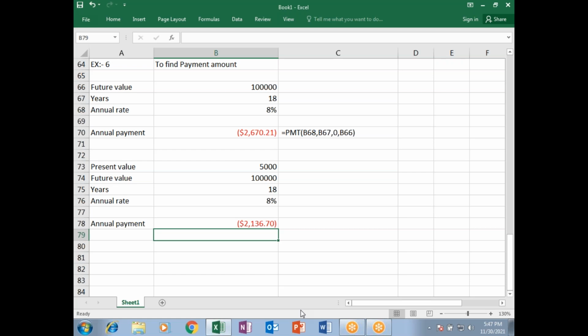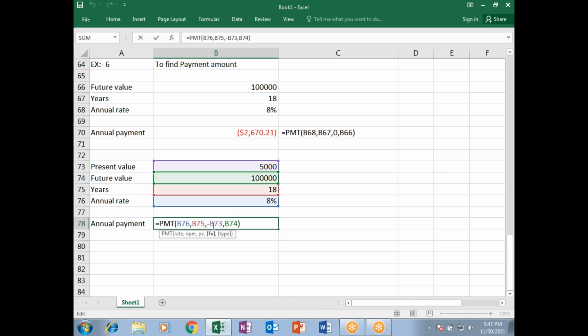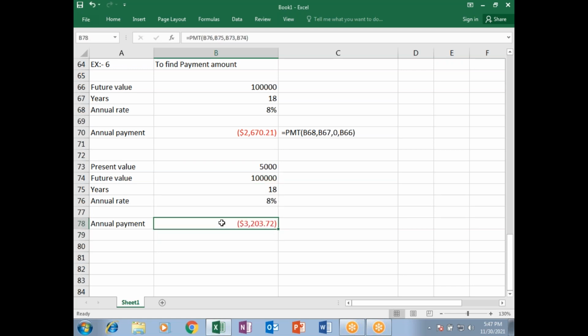So this one also right. But if I don't give this minus symbol for my present value, my answer will not be exact. If I am getting the cash outflow of 5,000, then it should be a minus. If I give the minus, I don't get the positive answer.